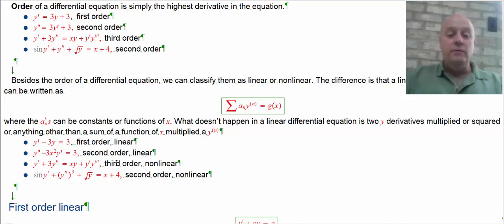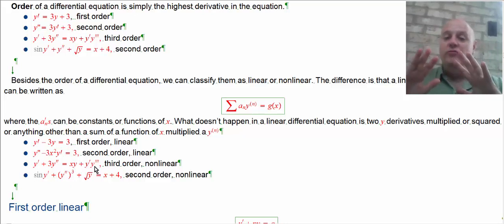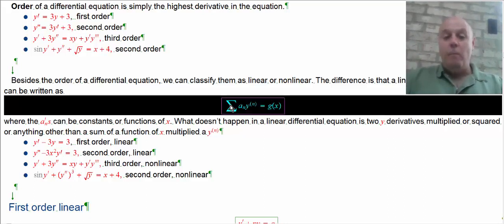This next one, third order as we said, is nonlinear mainly because right here I've got two y terms multiplied together, a y prime and a y triple prime. There's no amount of algebra that can separate out that y prime and y triple prime so that I can make it into this form with a linear combination of the y's.